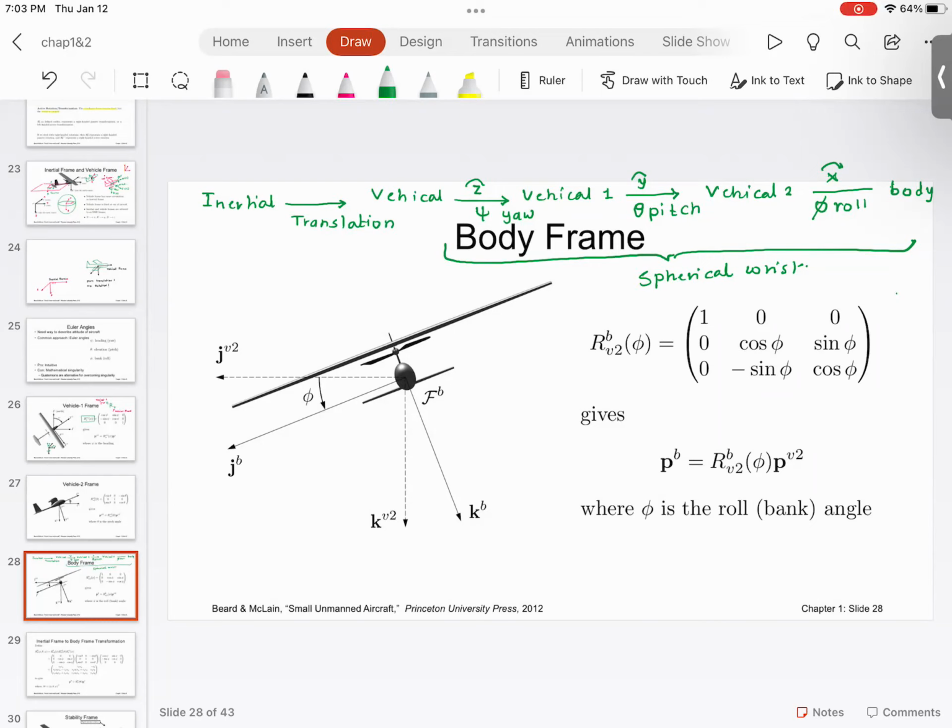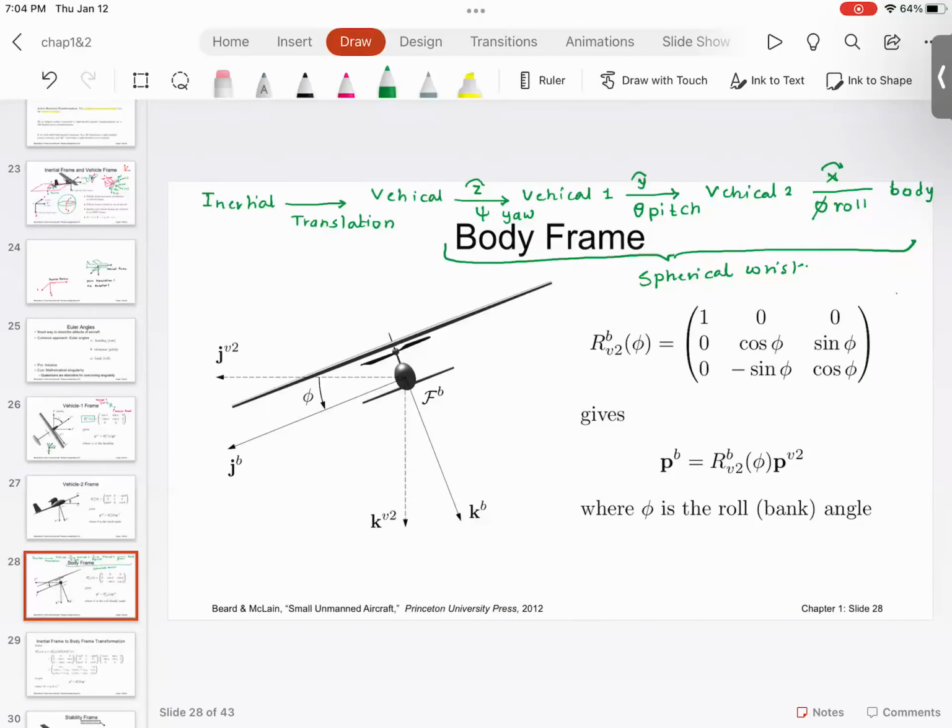As you go into different vehicle rotations, the actual directions of north, south, east, west are only at the initial inertial frame, which is fixed. Right.